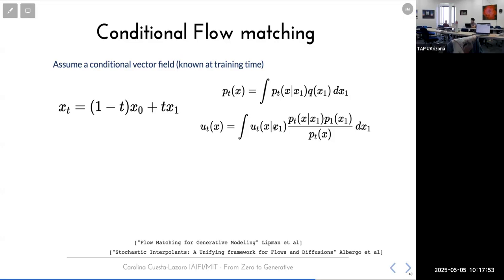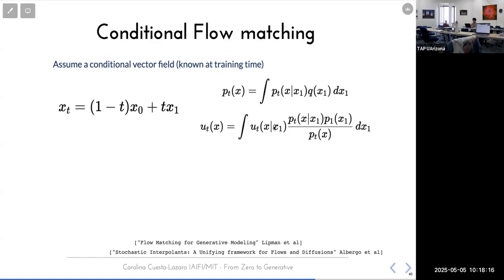So this is x1. Okay, if I have a new point outside of my training set, I say, now I want to sample a new x1. My interpolant is xt equals t x0 plus (1 minus t) x1. But I don't know x1.